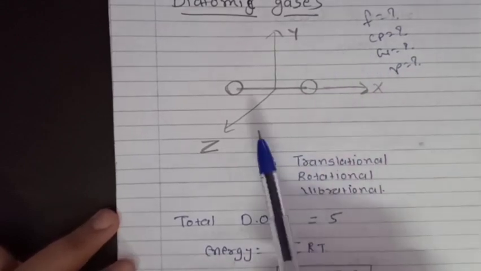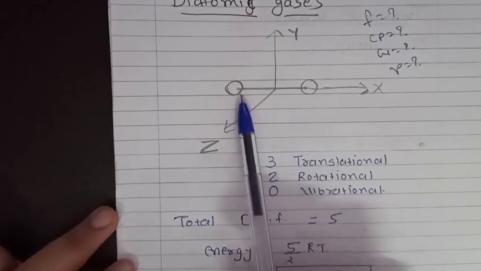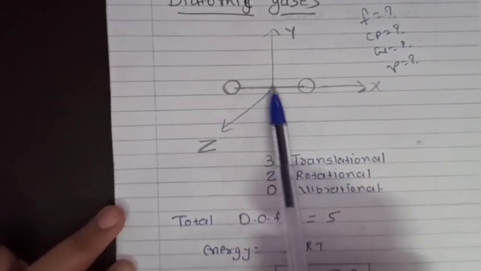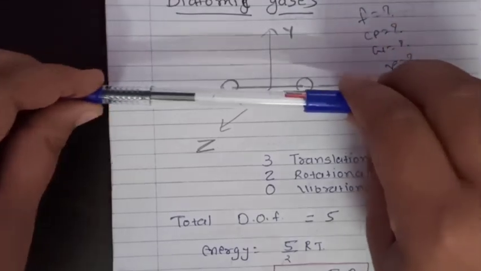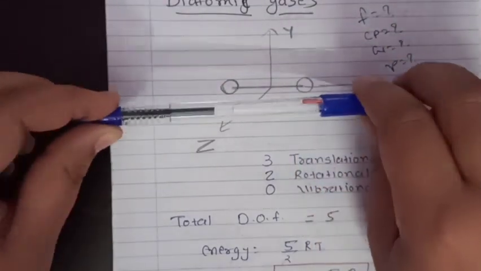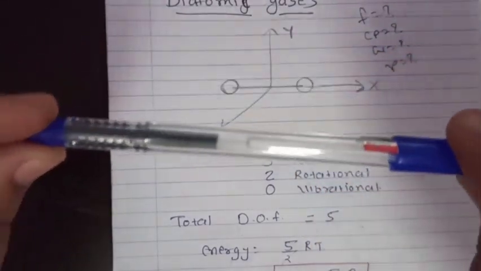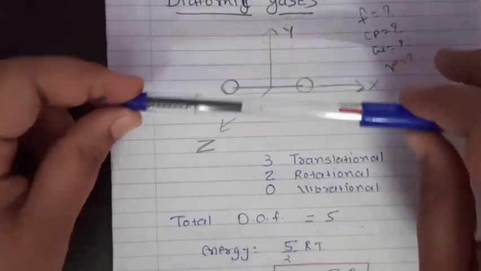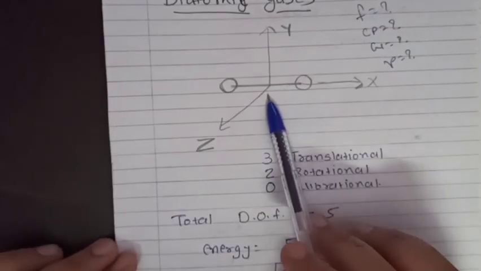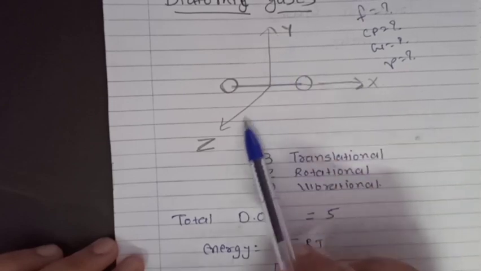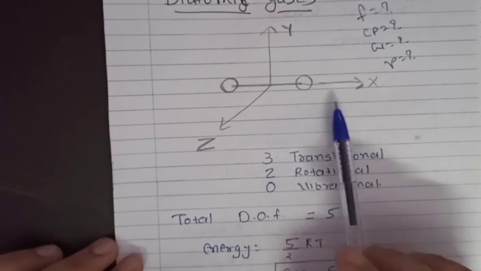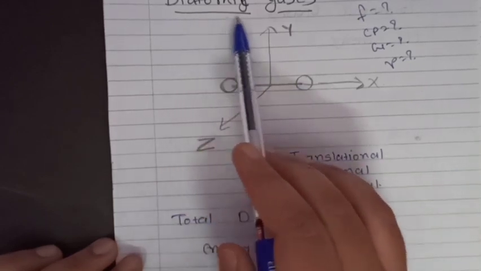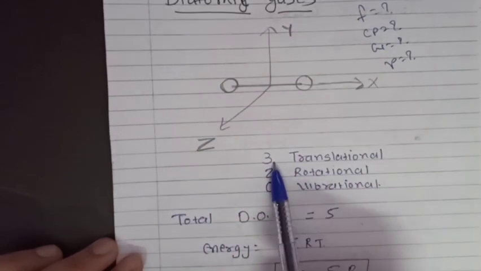Now, this dumbbell-like structure is free to move along the x-axis linearly. It is also free to move along the y-axis and along the z-axis in this way. So it can move linearly along all three axes. So the translational degree of freedom related to diatomic gases is 3.